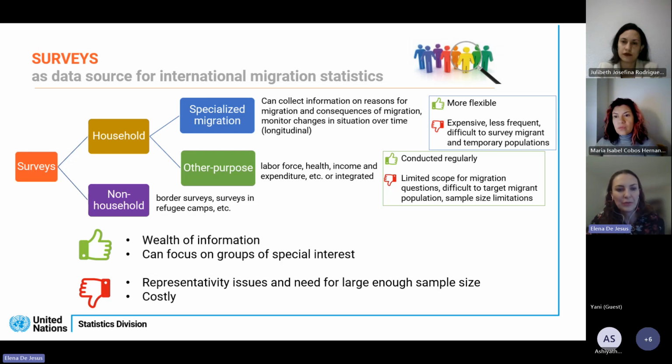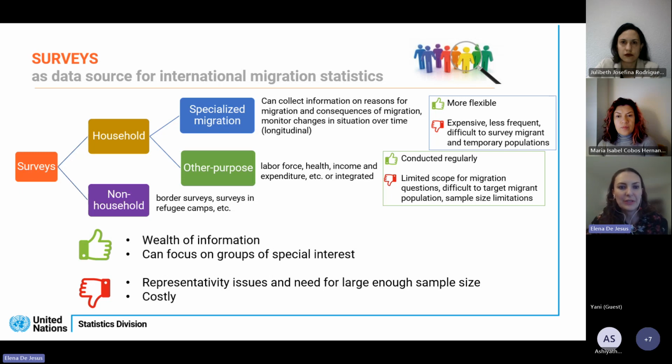We have household surveys or non-household surveys, which include border surveys, surveys of refugee camps, etc. And then household surveys can be further broken down into specialized surveys with a migration focus and other purpose surveys, such as your labor force survey, income and expenditure, mortality, fertility, health, etc. Or they could be integrated surveys that span a range of topics.